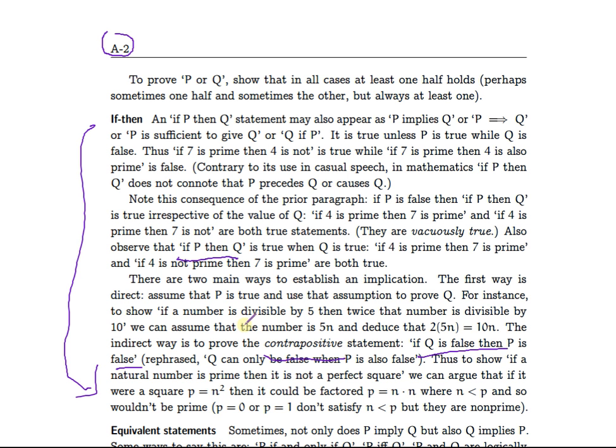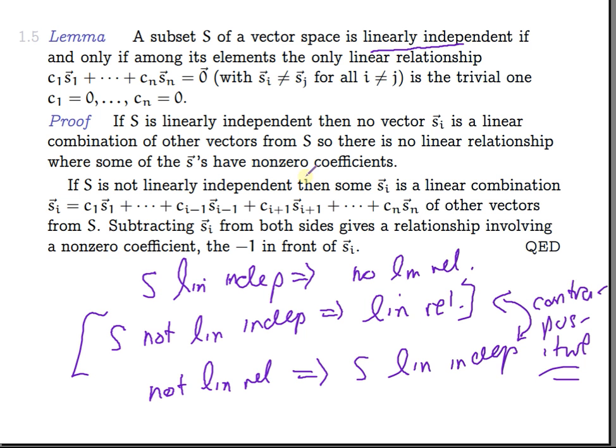And you can form several if-then statements and find their contrapositive and see that these two things are logically equivalent. So I invite you to do that mental exercise. So the upshot is that we have proven this if and only if statement. A subset's linearly independent if and only if the only linear relationship is the trivial one.